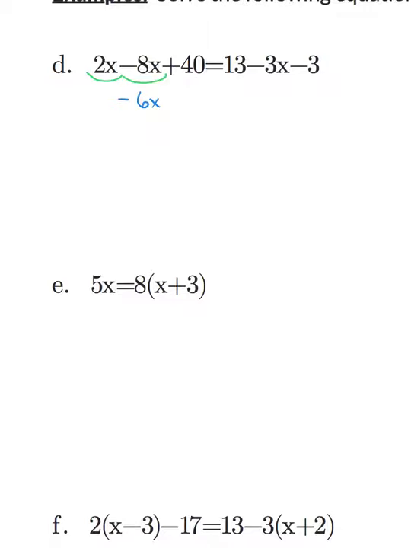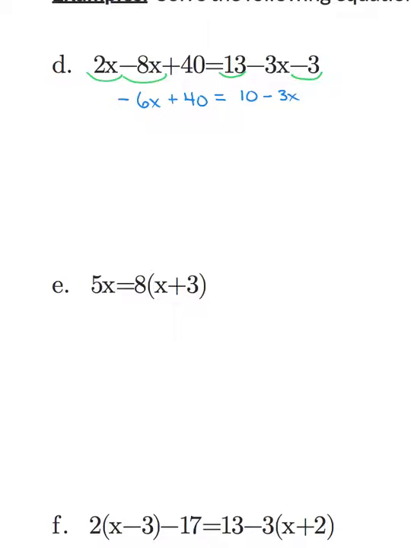We want to subtract and keep the sign of the larger number since they are different signs. We get negative 6x plus 40. On the right side, I can combine 13 and negative 3. I'm going to again subtract, keep the sign of the larger number, so this will be 10 minus 3x.